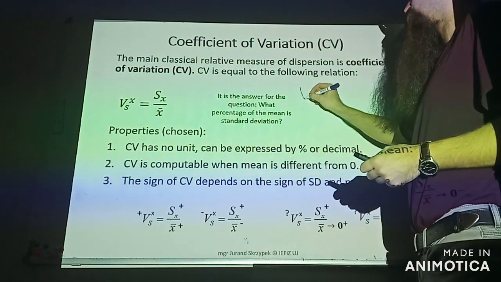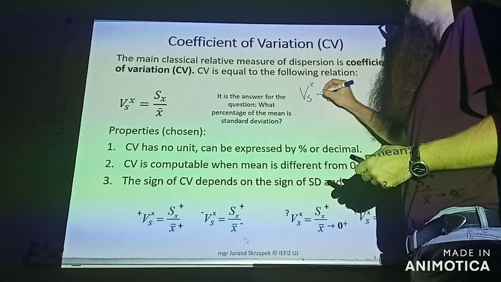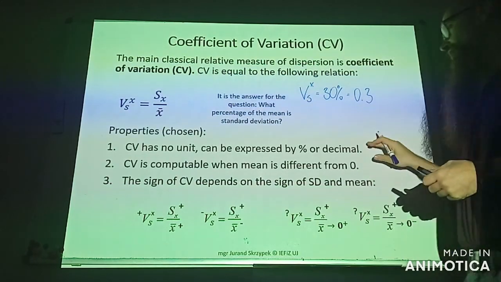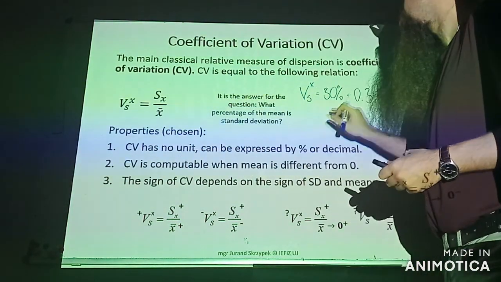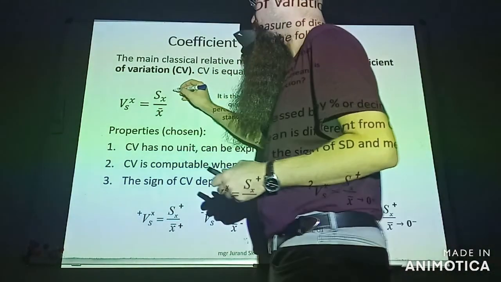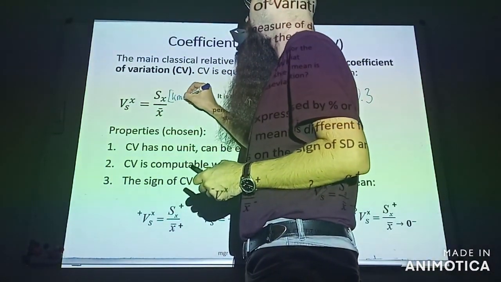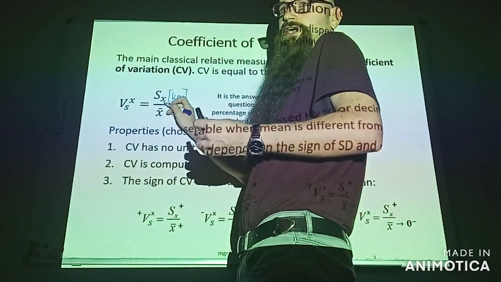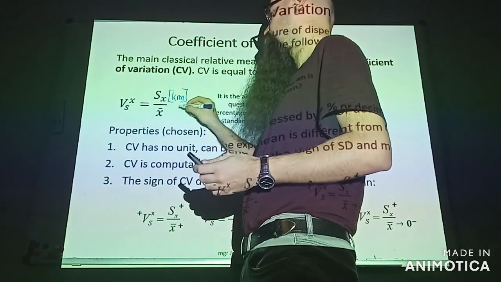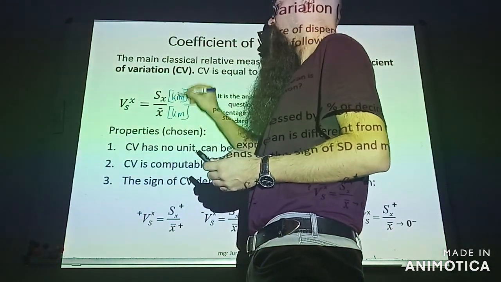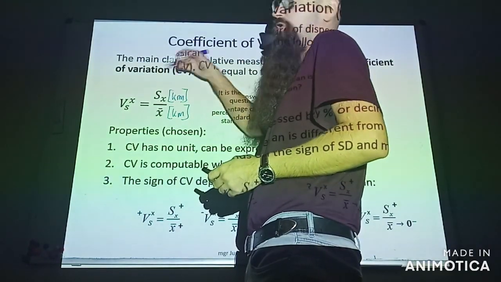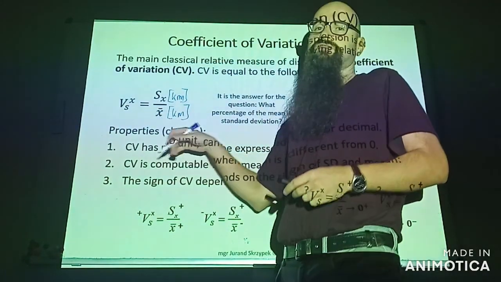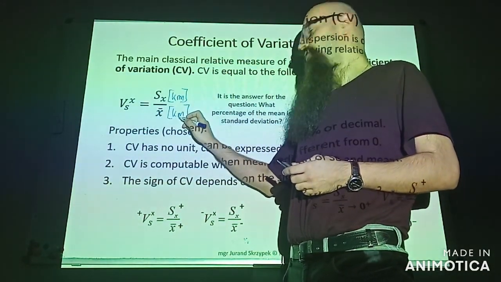So, for example, if our coefficient of variation is equal to 30% or 0.3, because this measure has no unit, yeah? If the variable x is expressed, for example, in kilometers, the standard deviation will be expressed in kilometers, and the arithmetic mean will be expressed in kilometers as well.